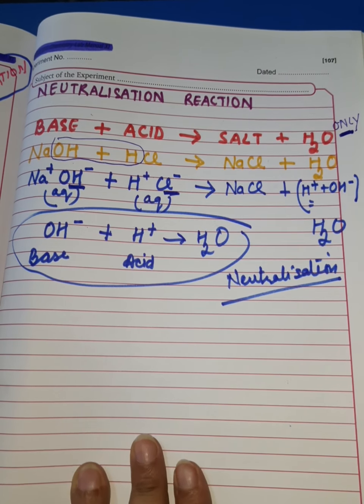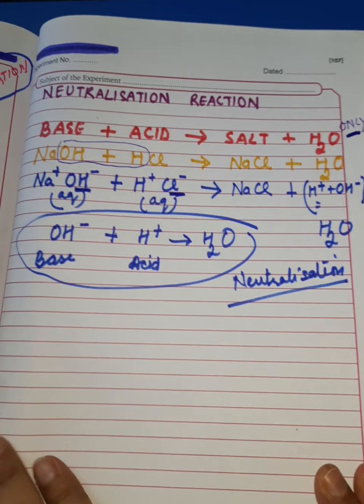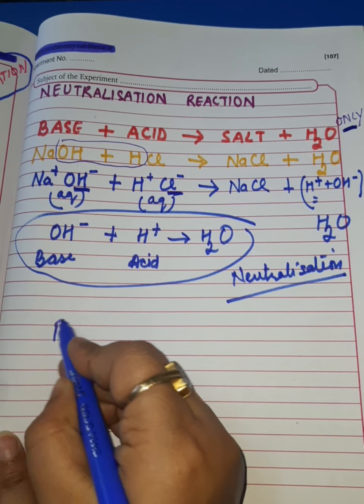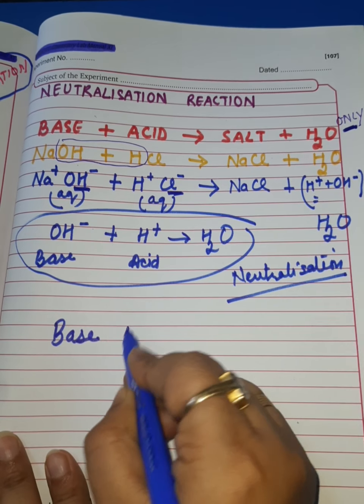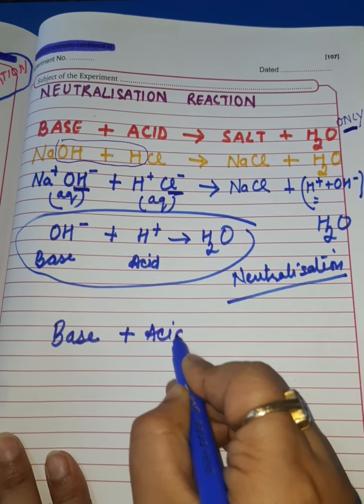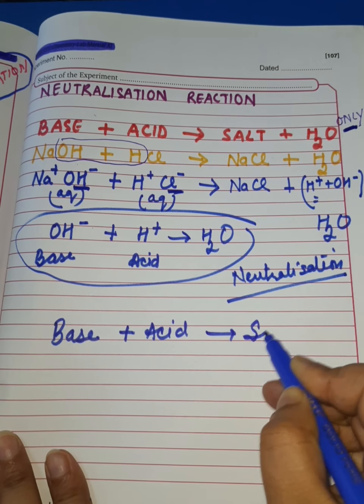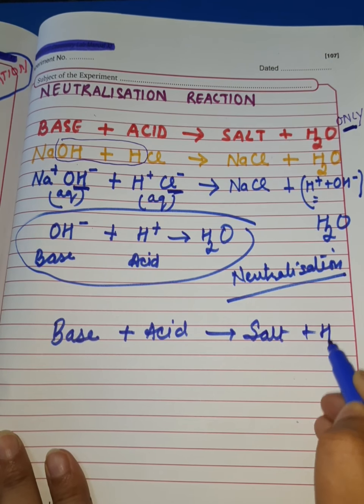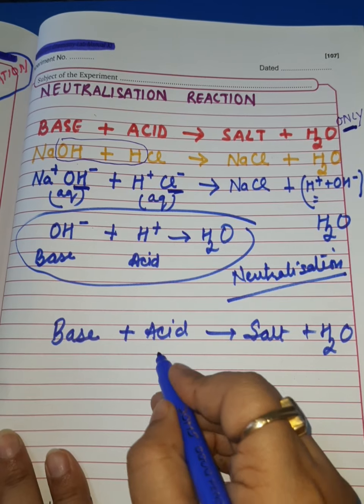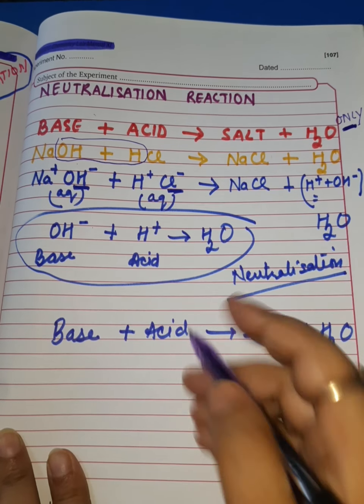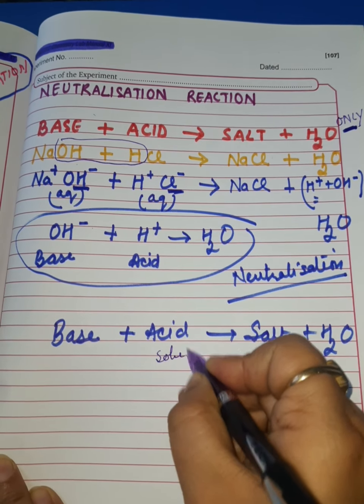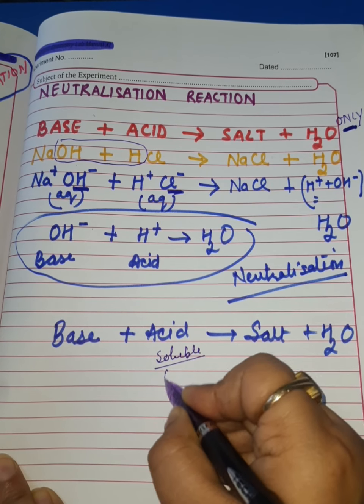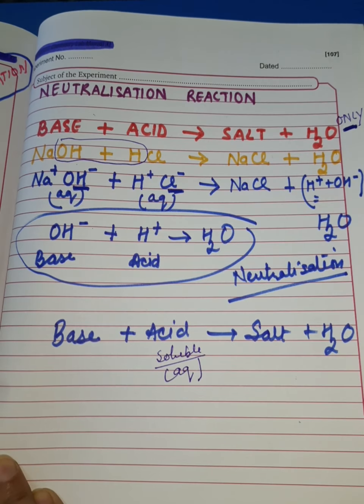Now here one very important point is to be noted down. When we say that base reacts with acid to form salt and water, dear student, acids are always soluble. Why? Because acids are always used in their aqueous form.